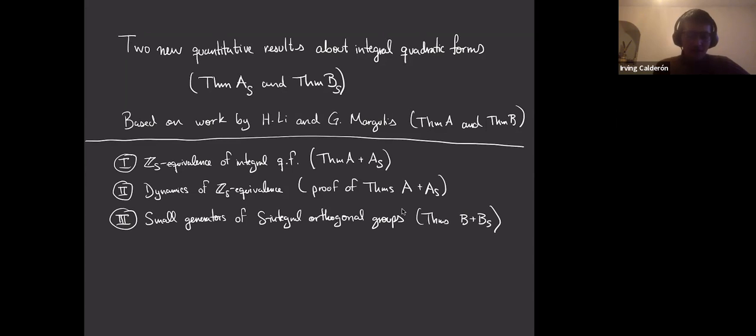This third part will be very short. I think I'll just have time to present the statement. So the bulk of the talk will be part 1 and 2. So let me start.